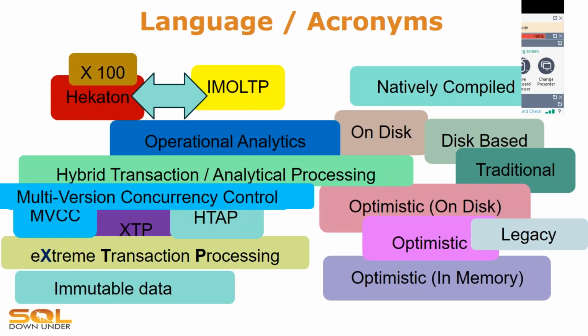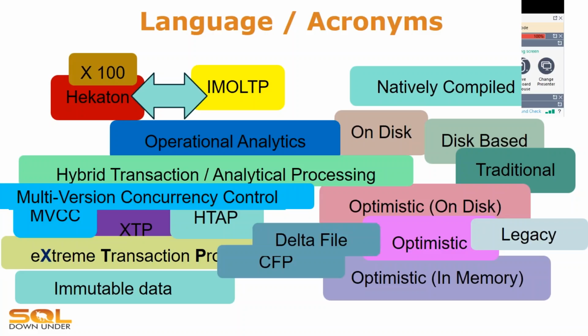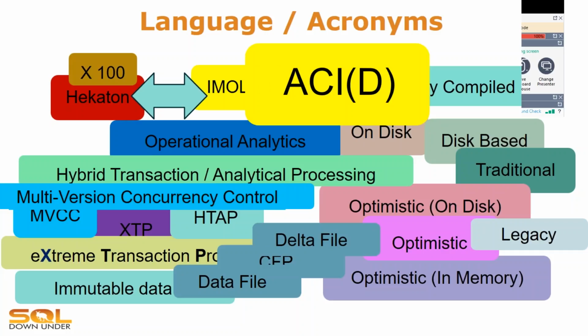Data is immutable, meaning it doesn't change. We'll talk a lot more about that as we go on. And checkpoint file pairs, or CFPs, are where the data is now stored if we choose to place it on disk. We've got a delta file there and also a data file.